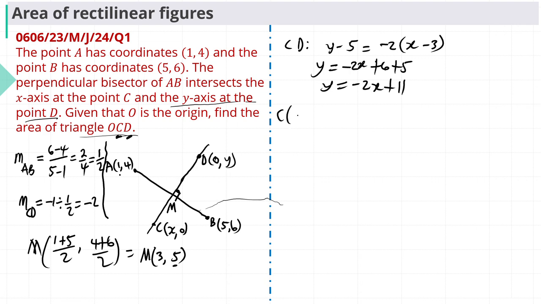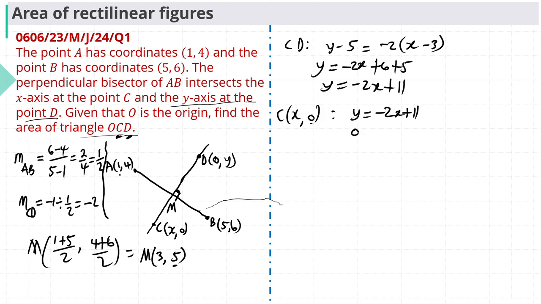Now the point C lies on the line CD. The coordinate C lies on the line y equals minus 2x plus 11. So we can substitute this coordinate C into this equation to solve for x.